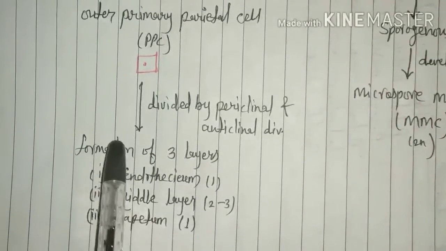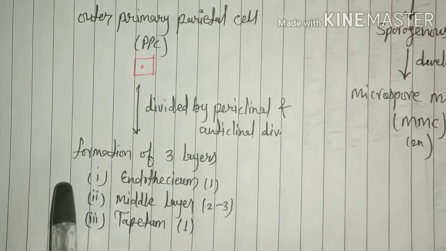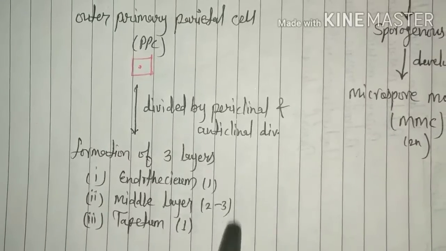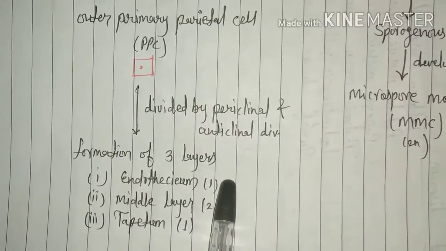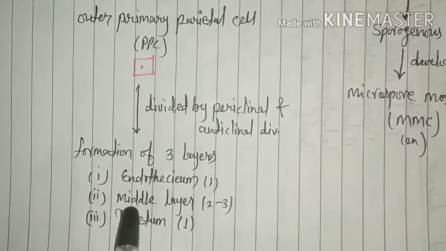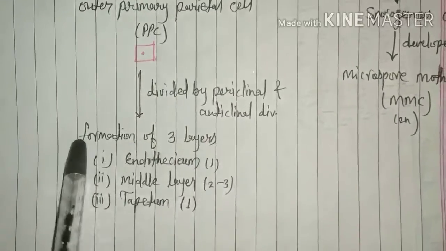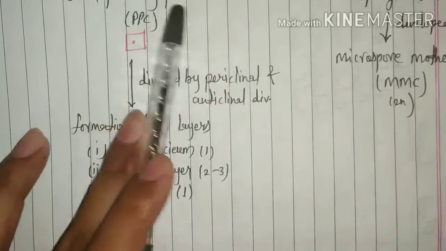So, the function of primary parietal cells is formation of the microsporangium wall, because in the microsporangium 4 layers are found: epidermis, endothecium, middle layer, and tapetum. These three layers are formed by primary parietal cells.